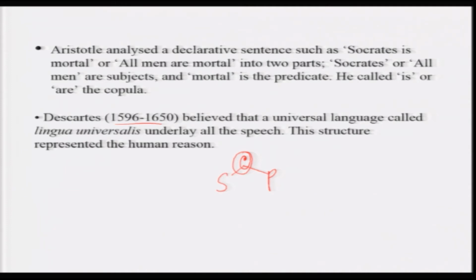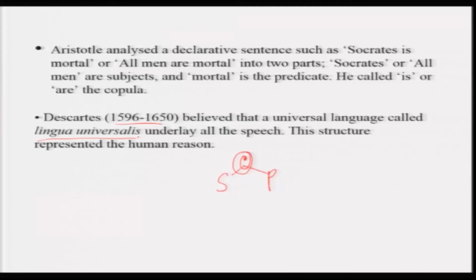This structure represented the human reason. So if you wanted to represent human reason, you would have to do that through this lingua universalis. Reason is not tied to a specific language or culture, but at the same time, reason must be represented.